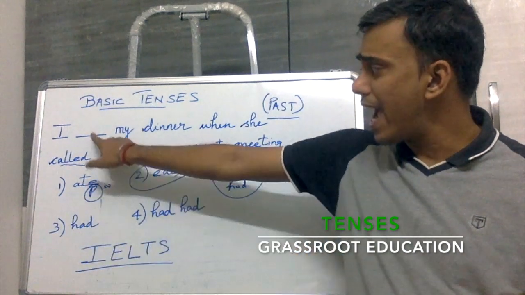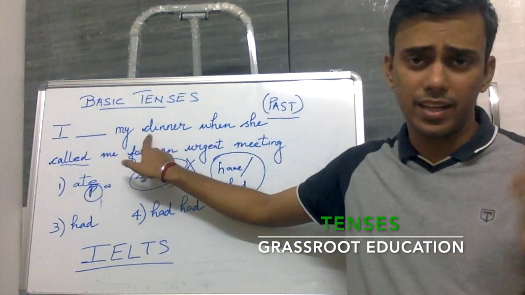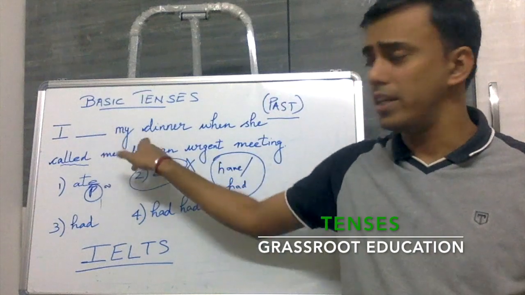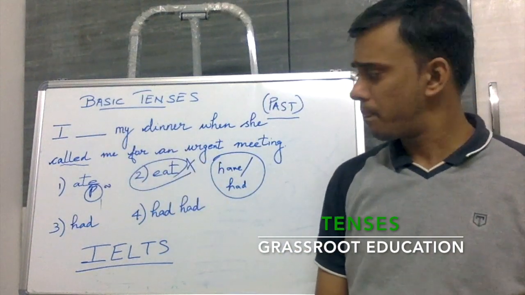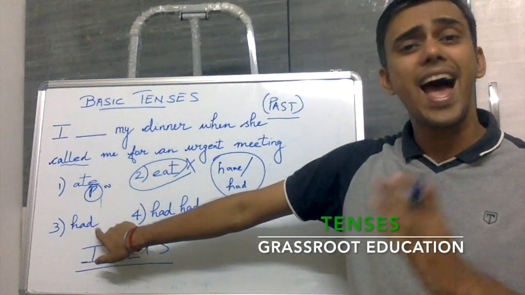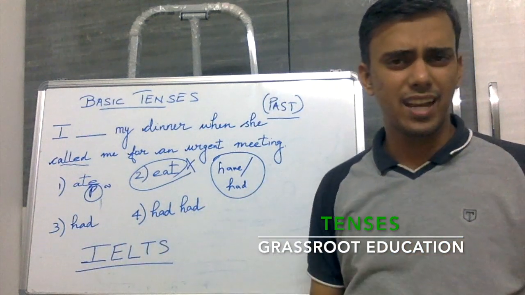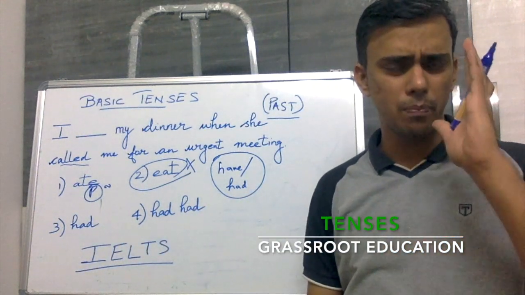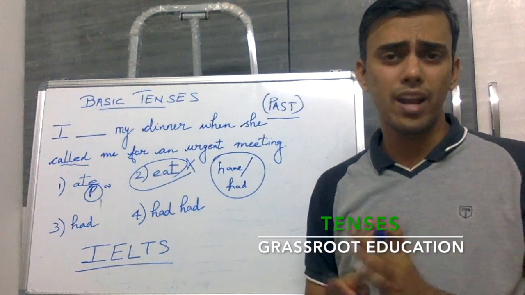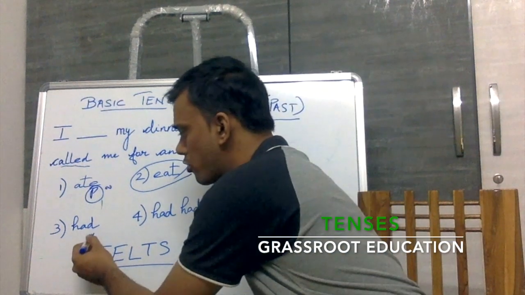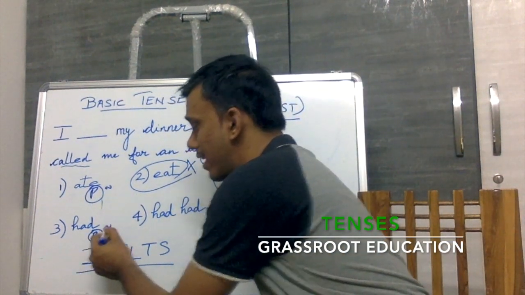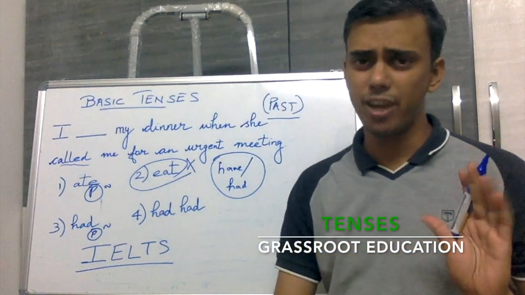I can say I had my dinner. It is grammatically correct. I ate my dinner is also grammatically correct. So I had lunch yesterday is again simple past. I'm talking about a particular point in the past when I had lunch. So this is also past tense, and I cannot eliminate it as of now.